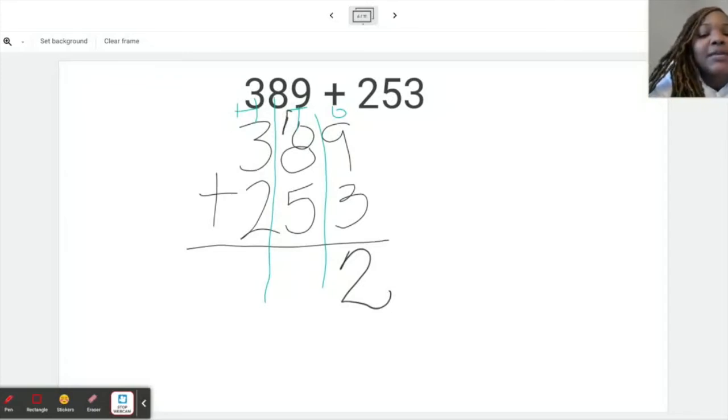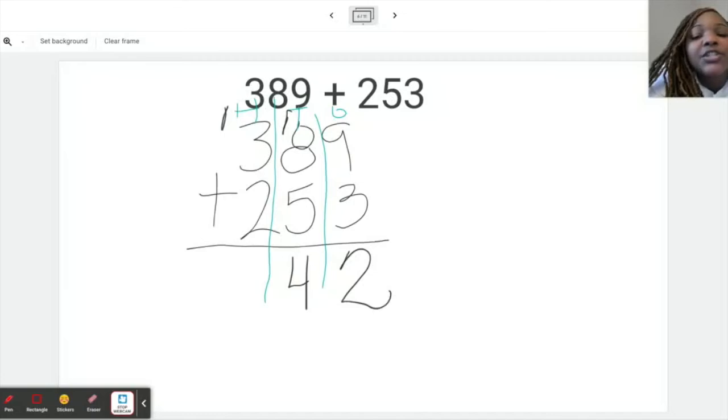So now in the 10s, we have 1 plus 8 plus 5. What's 1 plus 8 plus 5? Yes, our answer is 14. So I put my 4 down here in the 10s spot. And what do we do with that 1? Yes, we carry that other 1 over to our hundreds.